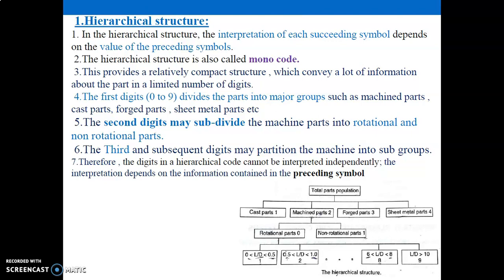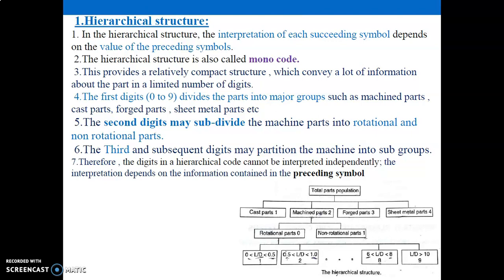So from this structure you can see the total part population: cast part, machine part, forged part, sheet metal part. In machine parts we have rotational and non-rotational, and even within that we have different categories of rotational. Basically it is very simple.